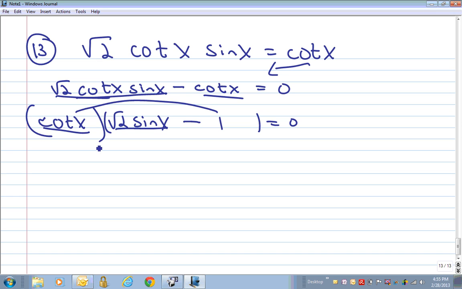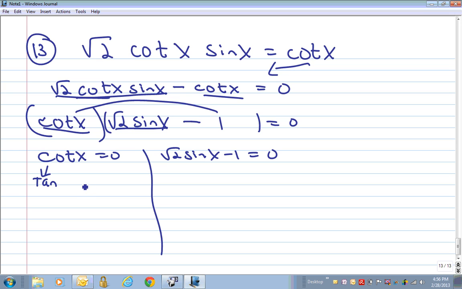Now I have two factors, and I can set each one equal to 0. So I have cotan x equals 0, and I have the square root of 2 sine x minus 1 equals 0. So let's solve those. Cotan x equals 0. Well, cotan is not one of our primary trig functions. It's a reciprocal function, and it's friends with tan.